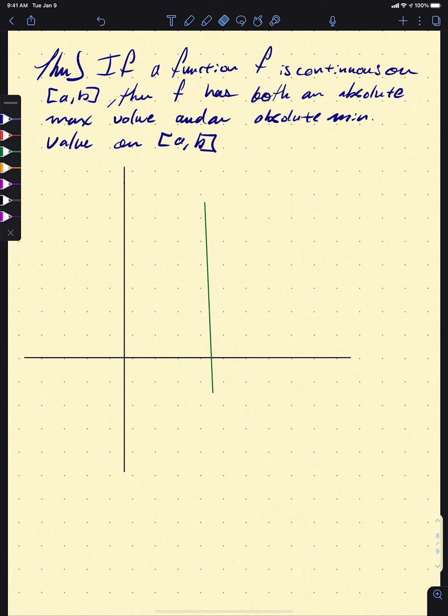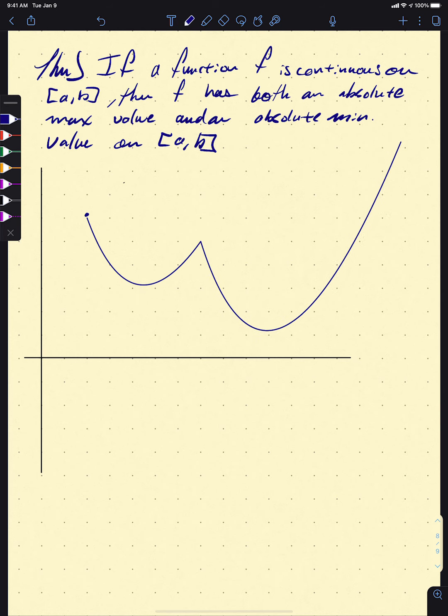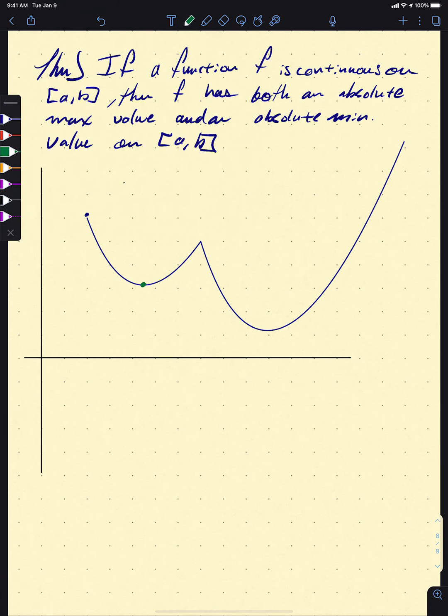All right, let's say we have a function that looks maybe like this. It's going to start like this, go down, kind of come to a point, then go down further and then up. Okay. Let's say we have a function that looks like that. Well, if we start to label points, we have a local minimum right here.